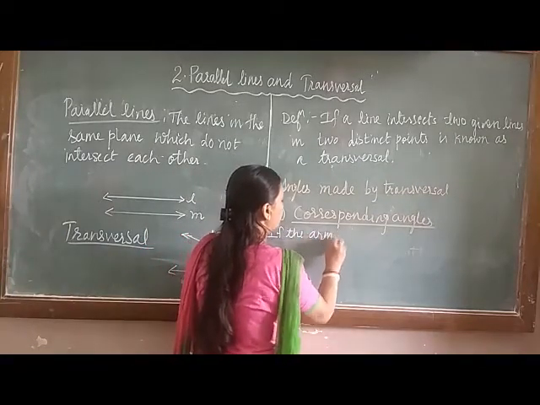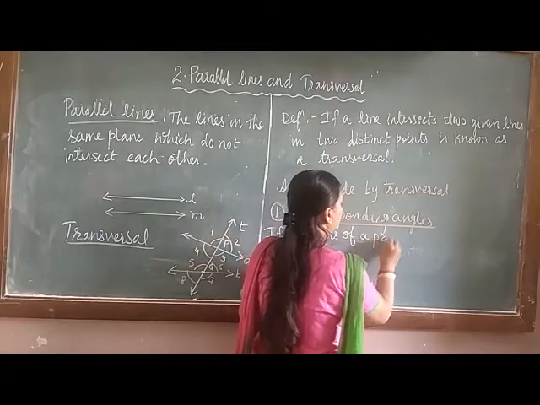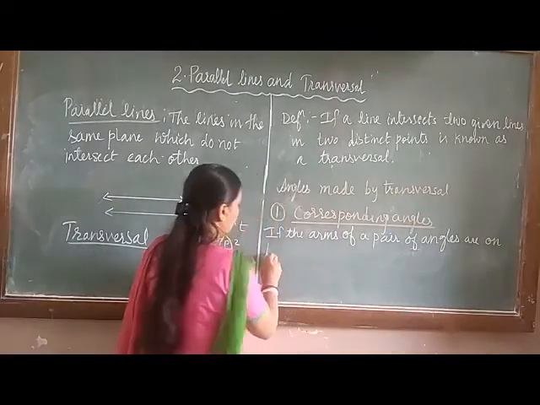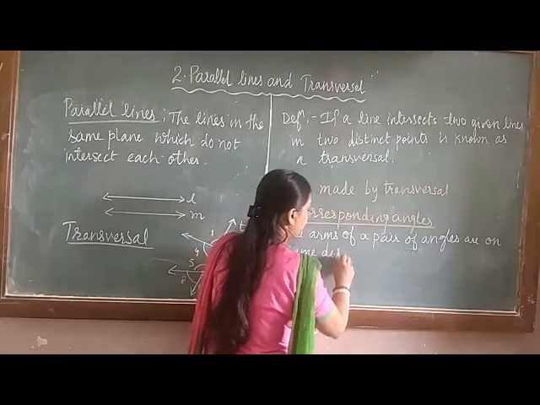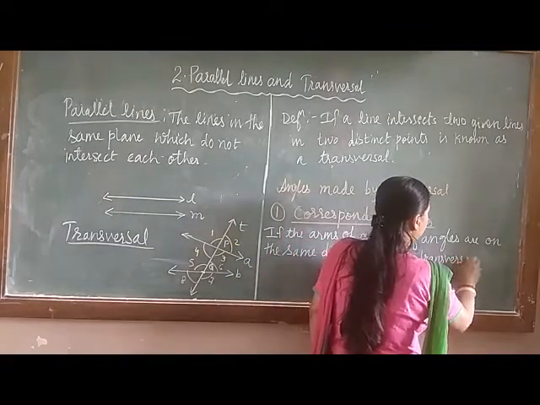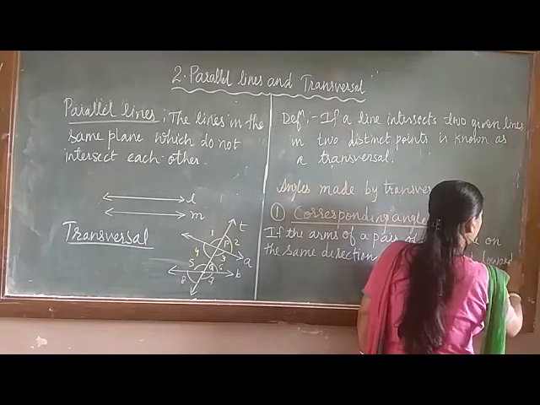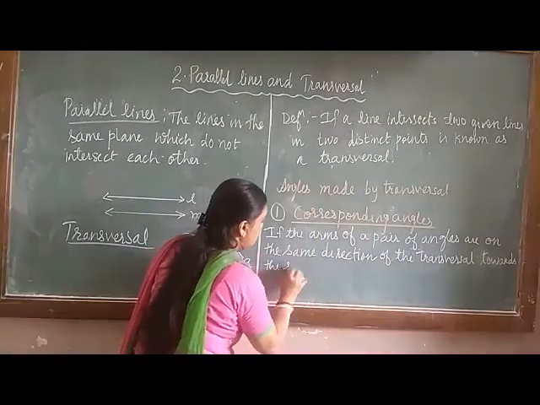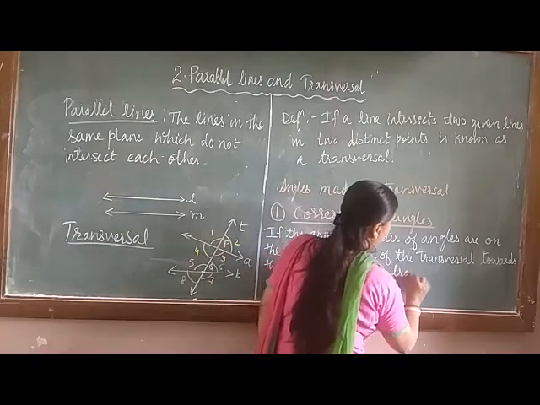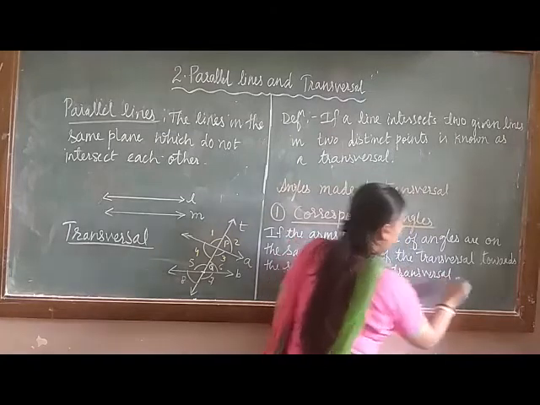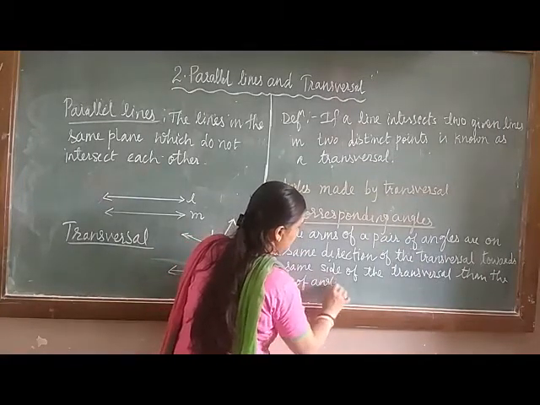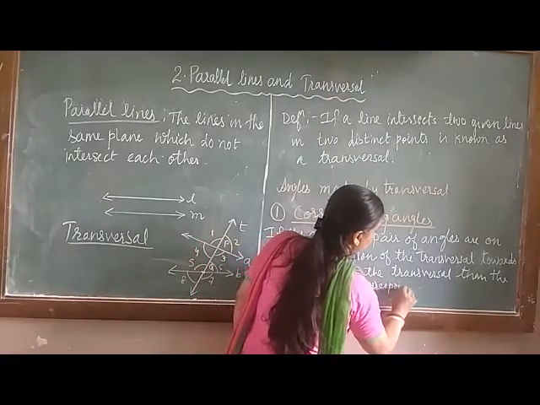If the arms of a pair of angles are in the same direction of the transversal, towards the same side of the transversal, then the pair of angles is a corresponding angle.